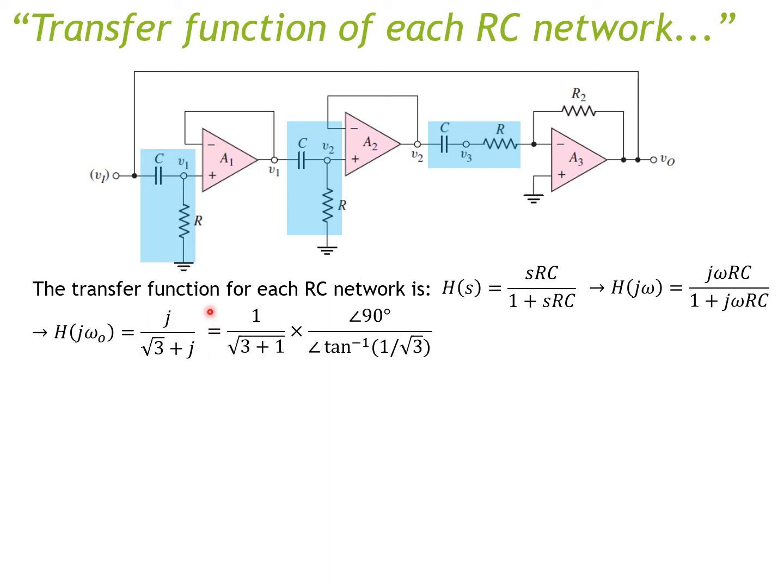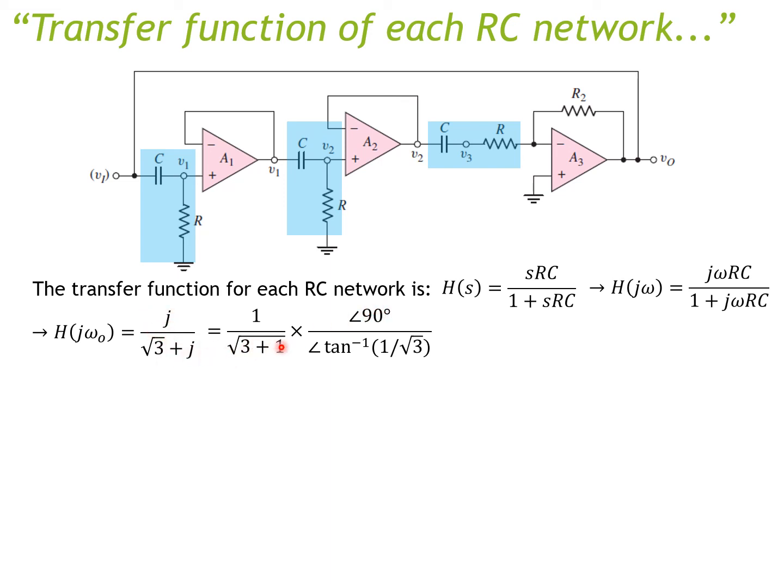Now this is a complex number, so I want you to break it down into magnitude and phase. So the magnitude is 1 over square root of 3 plus 1, this. And the phase is, the first phase of the numerator is 90 degrees, it's just only j.